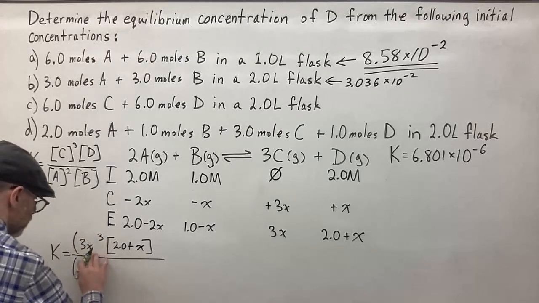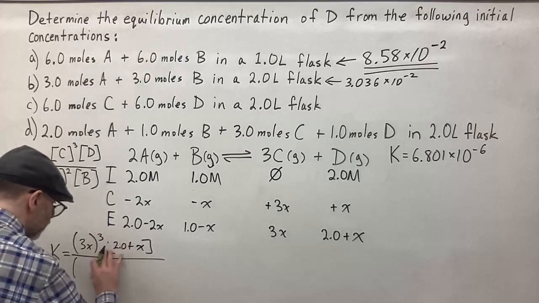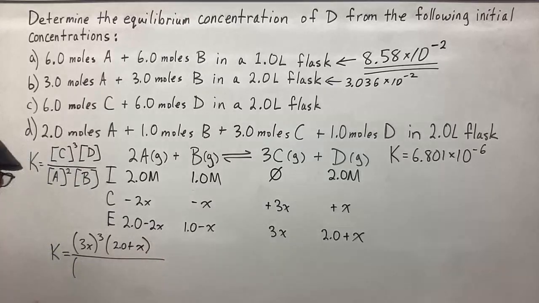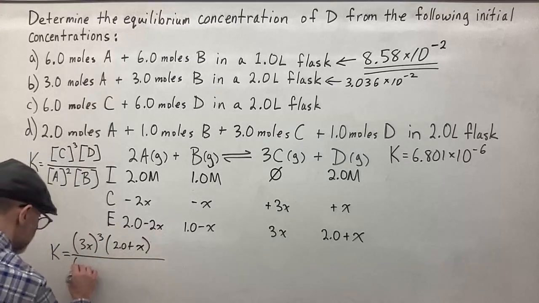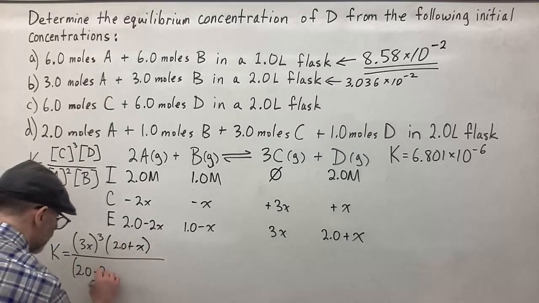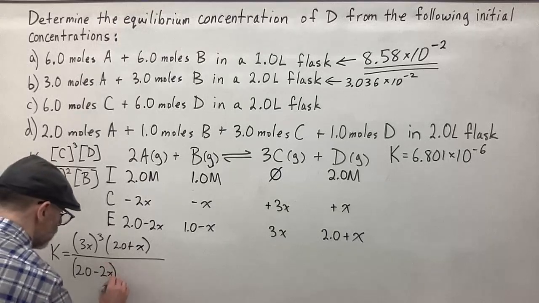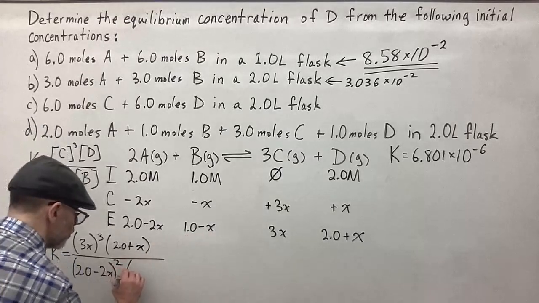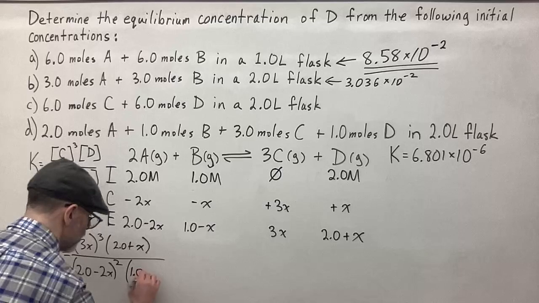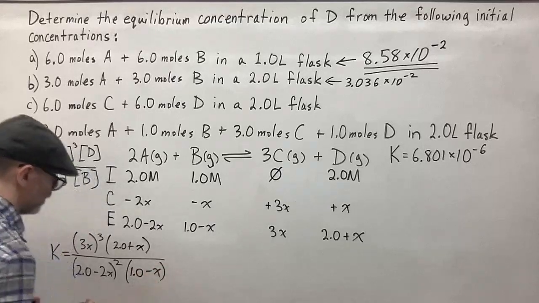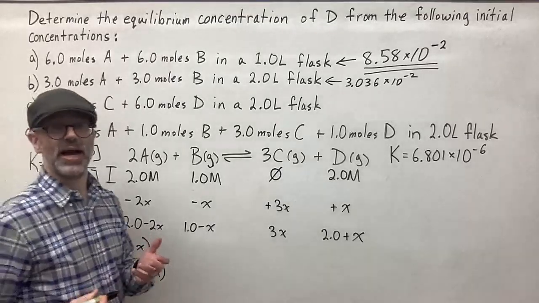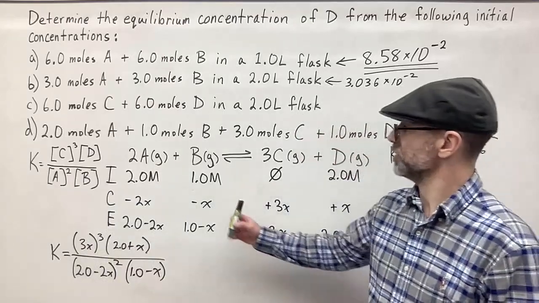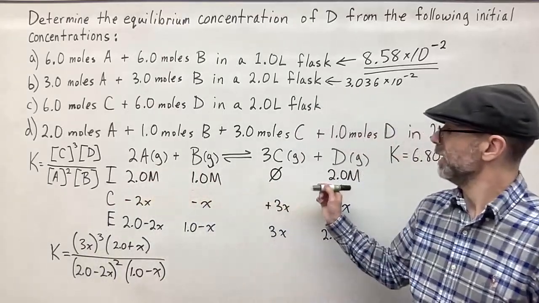They should be in parentheses. Let me change that. So we're going to put in 2.0 minus 2x squared, and then we're going to multiply by B, which is 1.0 minus x.